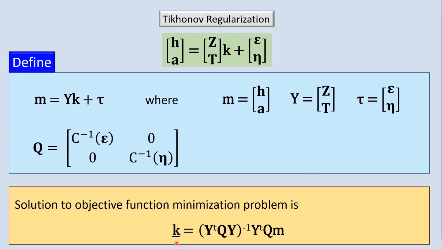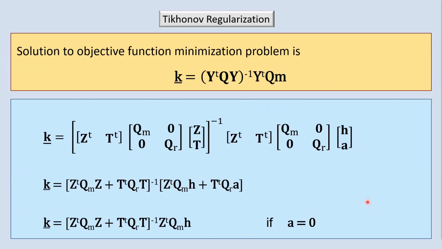Our estimated set of parameters, k hat, equals (Y^T Q Y) to the negative 1, Y^T Q M, and we are hoping that that negative 1 exists, that this matrix does indeed have an inverse. So here's our solution to the inverse problem.